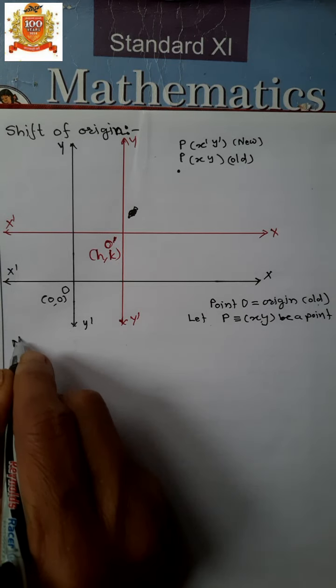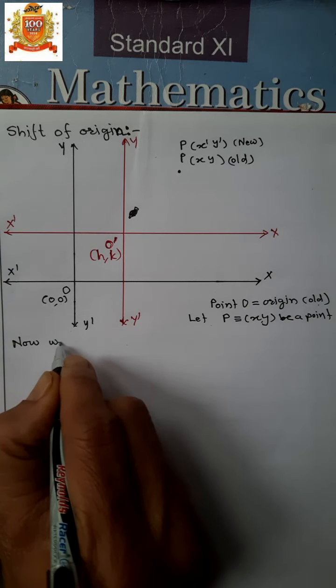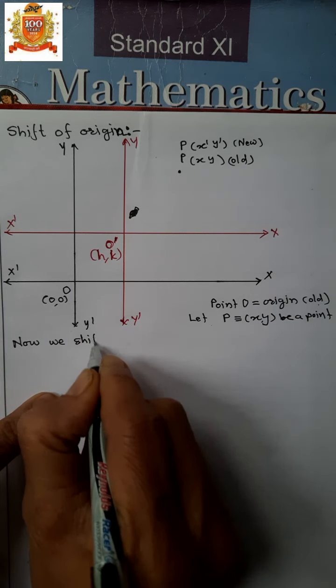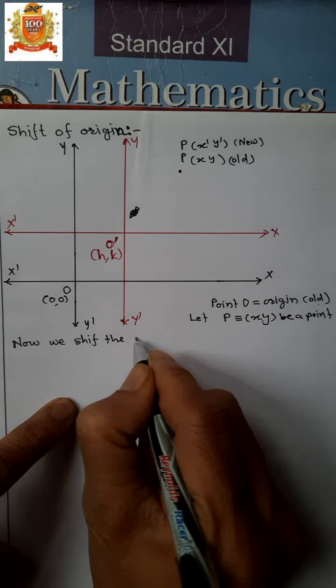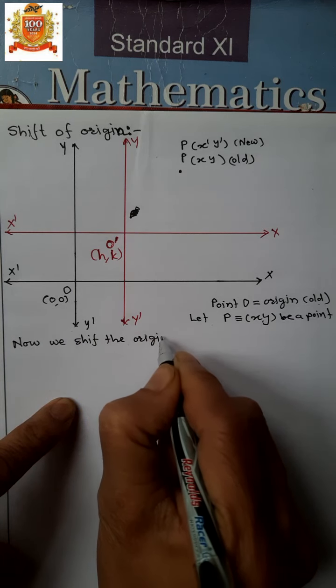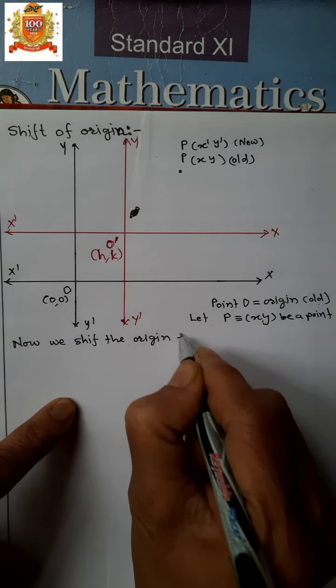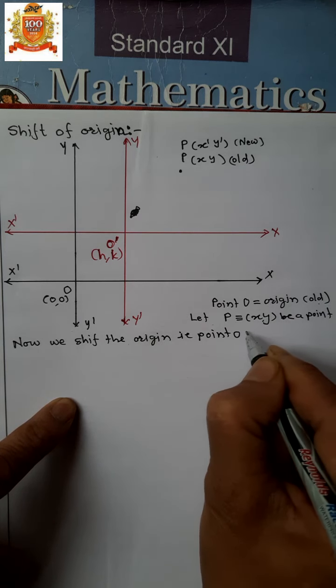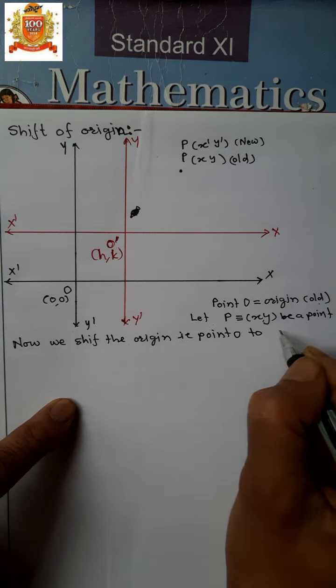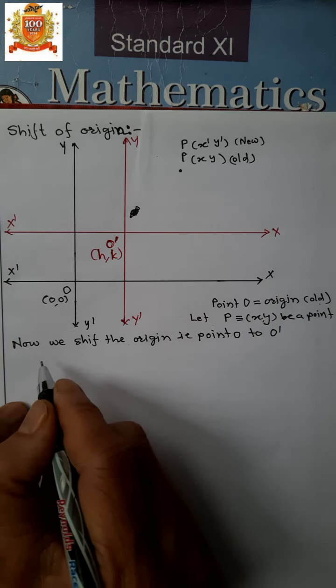Now, we shift the origin, that is point O to O dash.